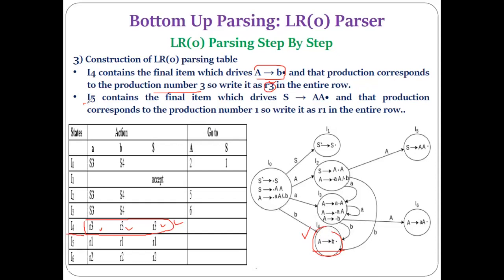Then I5 also contains a final item, with the production S derives AA dot.